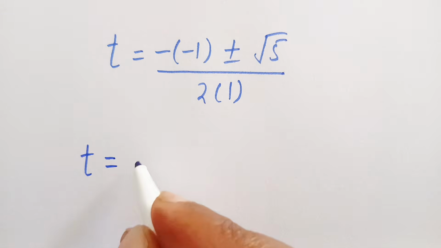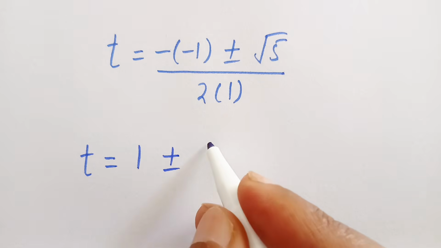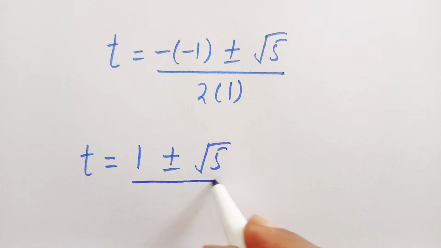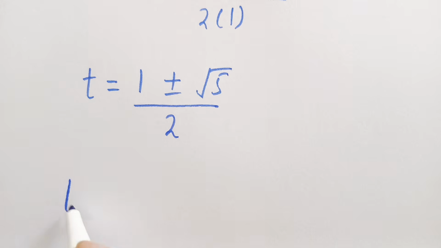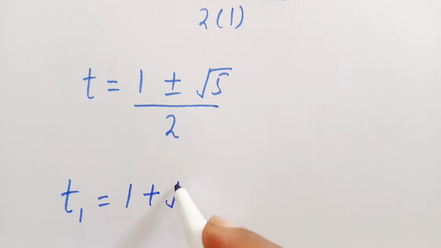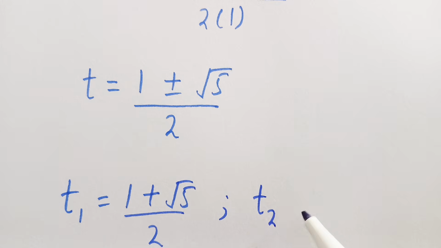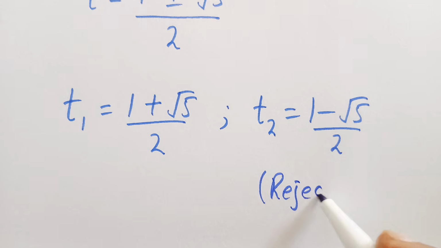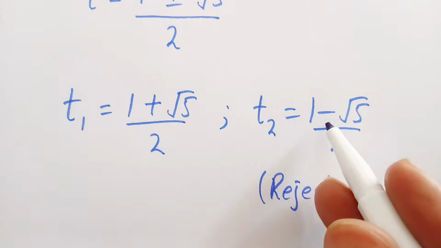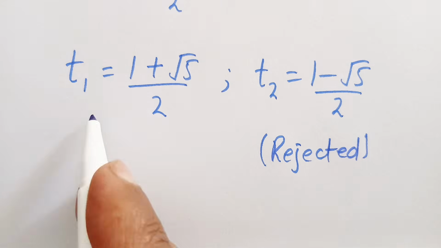Now, t is equal to 1 plus minus square root 5 over 2. Now we have two possible values of t. One is t1 is equal to 1 plus square root 5 divided by 2, and the second one is t2 is equal to 1 minus under root 5 divided by 2. Now this will be rejected because of the negative sign. So the possible solution is this.